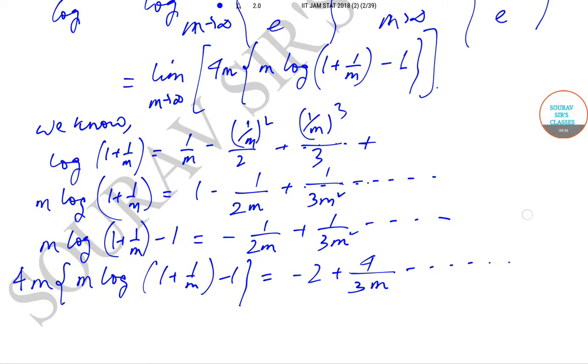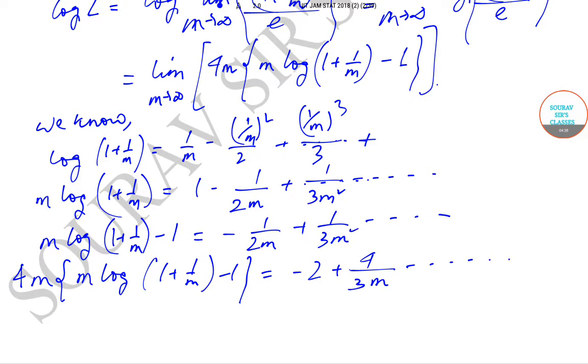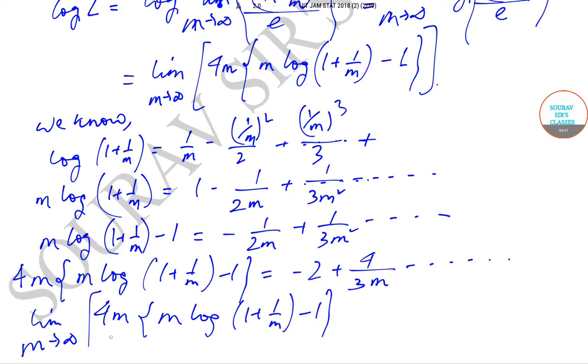If we take this limit, the limit as m tends to infinity of 4m times (m log(1 + 1/m) − 1) will give us −2 + 0 and so on, which is equal to −2.